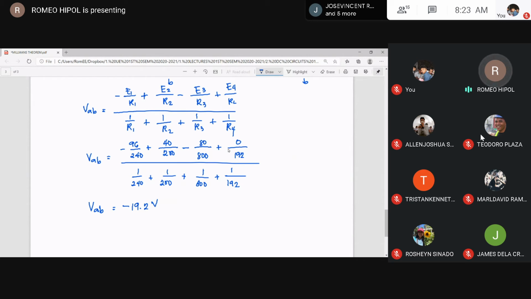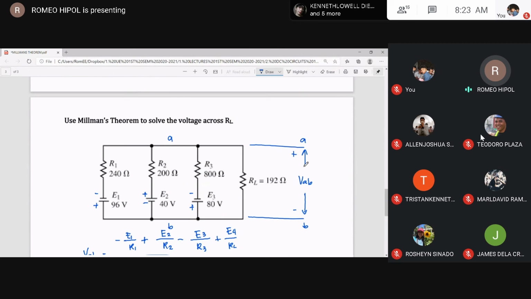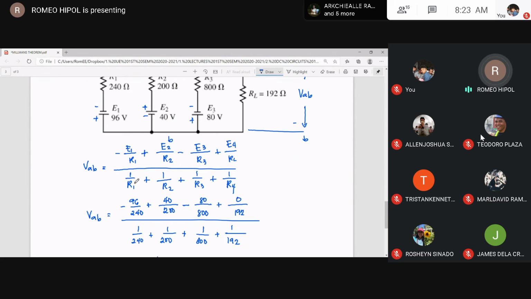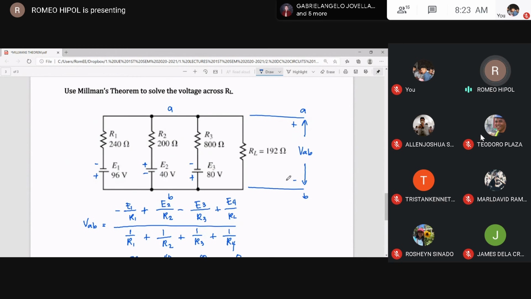Okay, yung negative 19.2 volts natin, meaning from the initial polarity assigned. Kasi ito yung formula based on the derivation. So, kung negative yung ating polarity, yung actual polarity is negative, yung nasa top connection below is positive. Naintindihan?